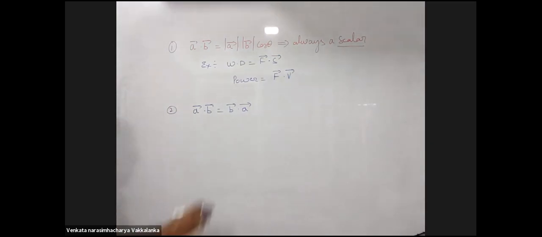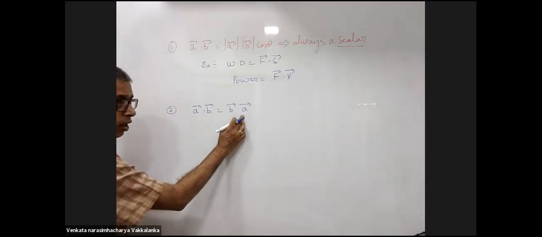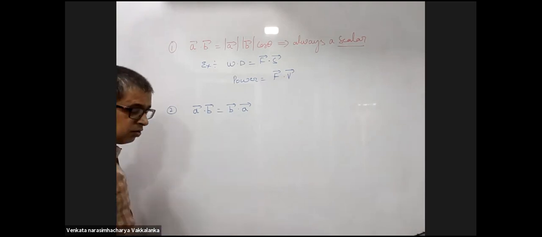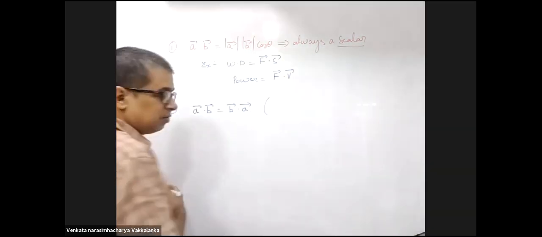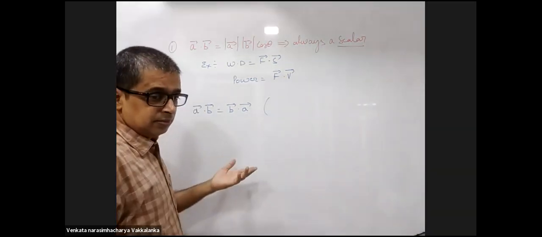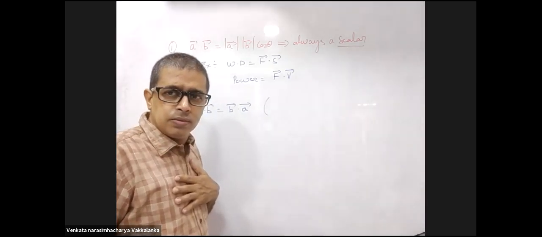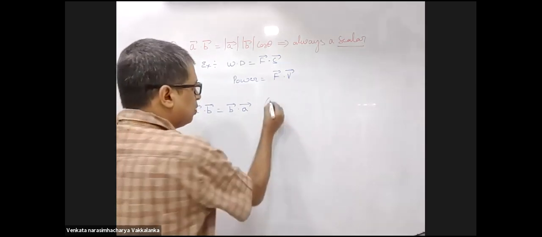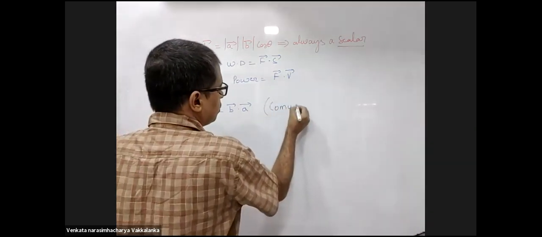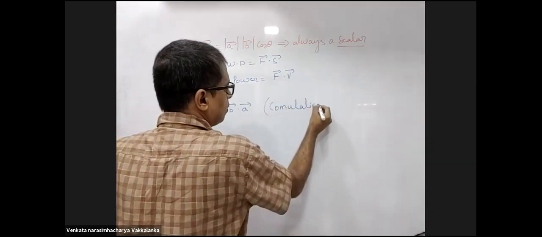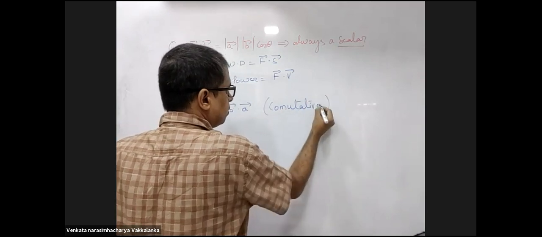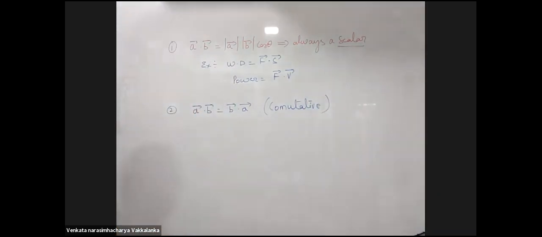A dot B is equal to B dot A. What law is this? Associative law. Dot product is commutative. Commutative law. Right?